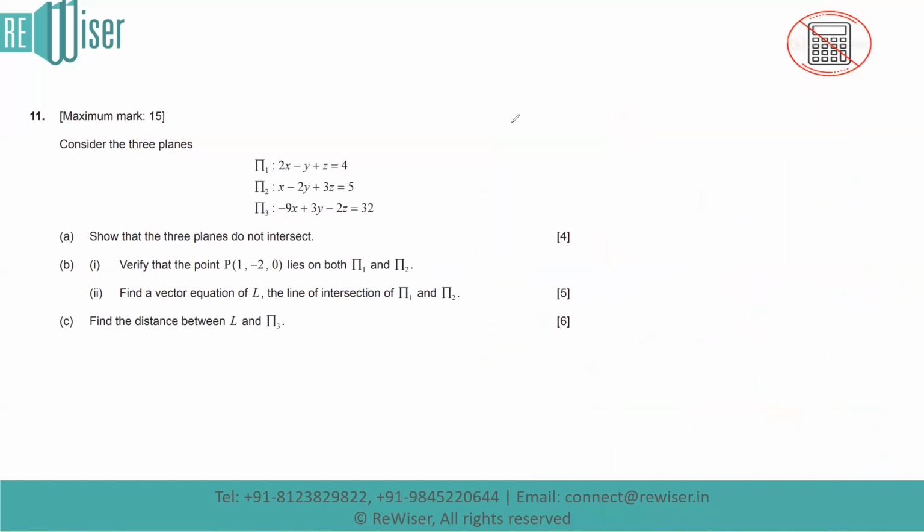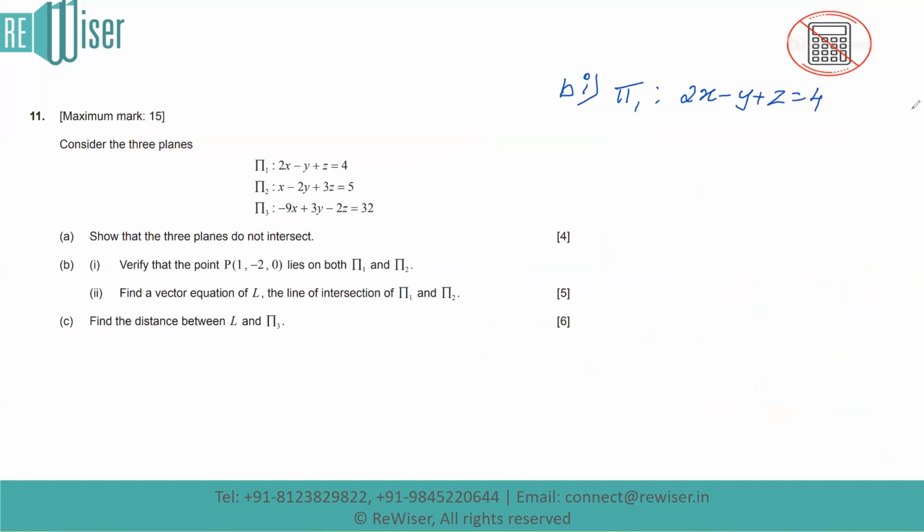Next, if I talk about B part 1, show that the point (1, -2, 0) lies on both pi 1 and pi 2. So, which is plane 1, we have 2x minus y plus z equals 4.